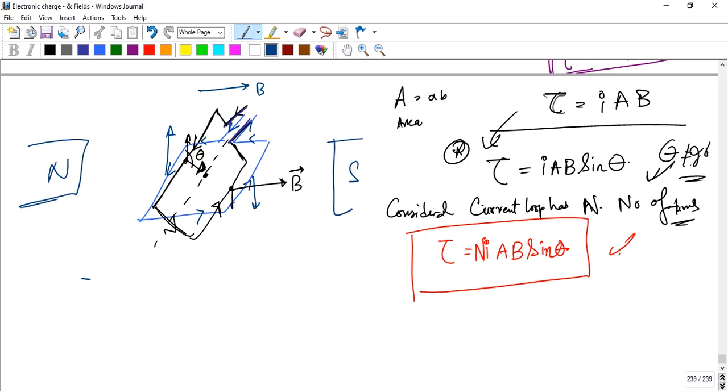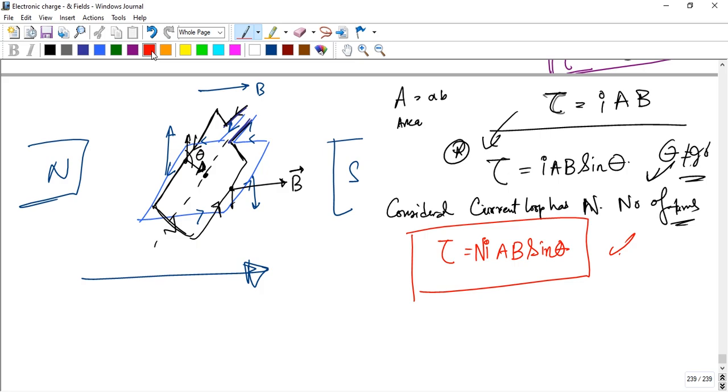So that's the magnetic field north to south, obviously the external magnetic field. The coil behaves like a bar magnet placed in a magnetic field. A current carrying coil like a bar magnet is said to be a magnetic dipole. That's a very important concept. This is a magnetic dipole.